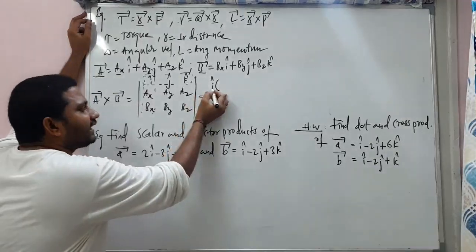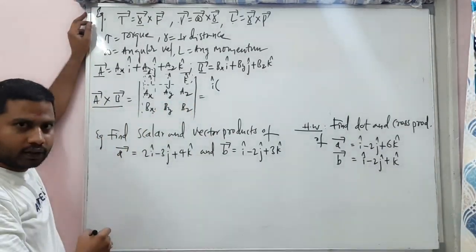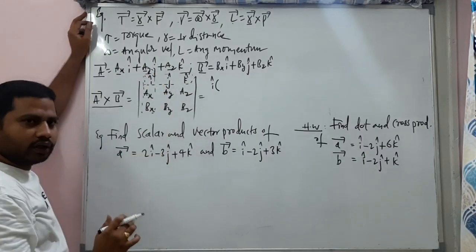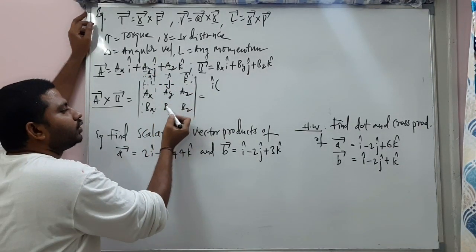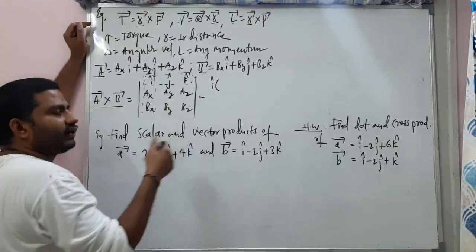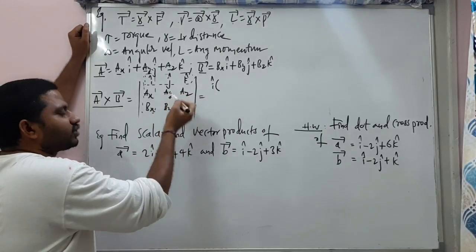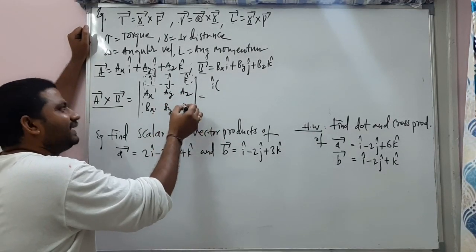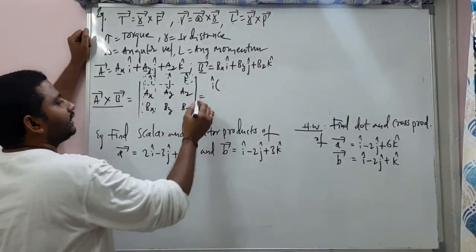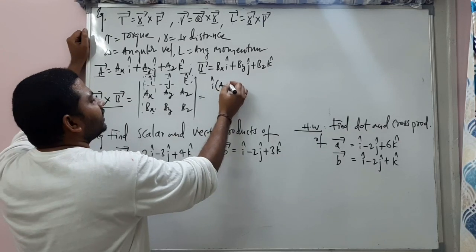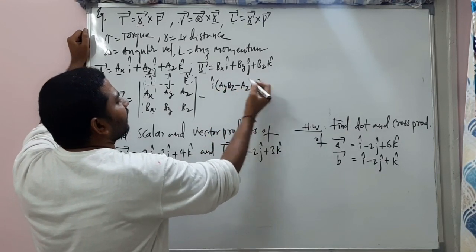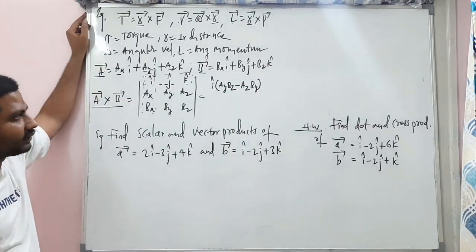When you are finding the i cap coefficient of this product, the horizontal line and vertical line along i cap will be removed and you will have 4 coefficients, right? So these 4 will be cross multiplied, this into this minus this into this. That's the formula, simple. So for i cap we are finding ay into bz minus az into by, right?